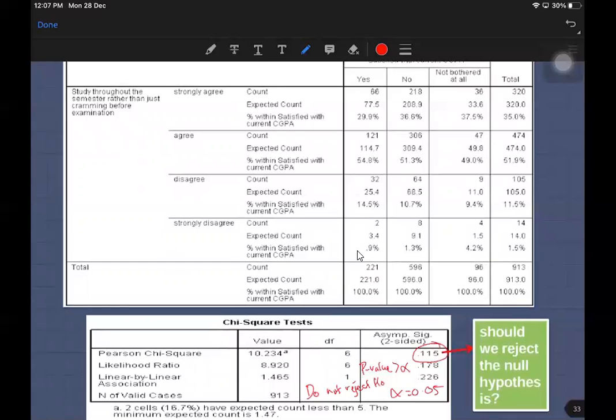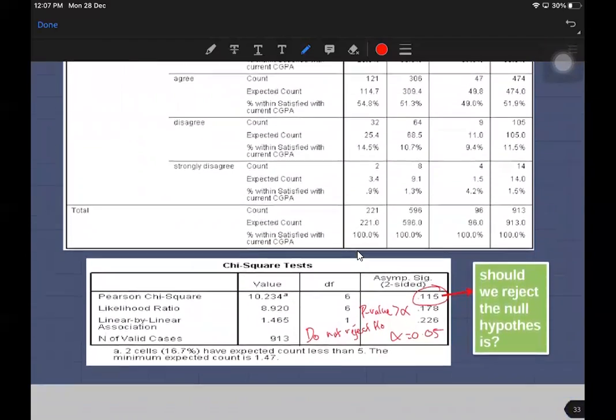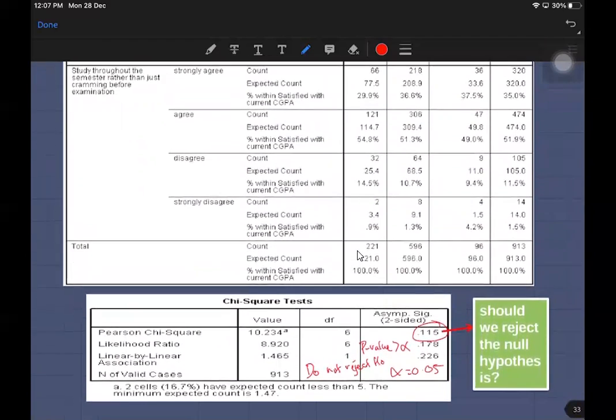So you conclude that there is no relationship between studying throughout the semester rather than just cramming before examination and satisfaction with the current CGPA. There is no relationship. So this is how you make your decision.